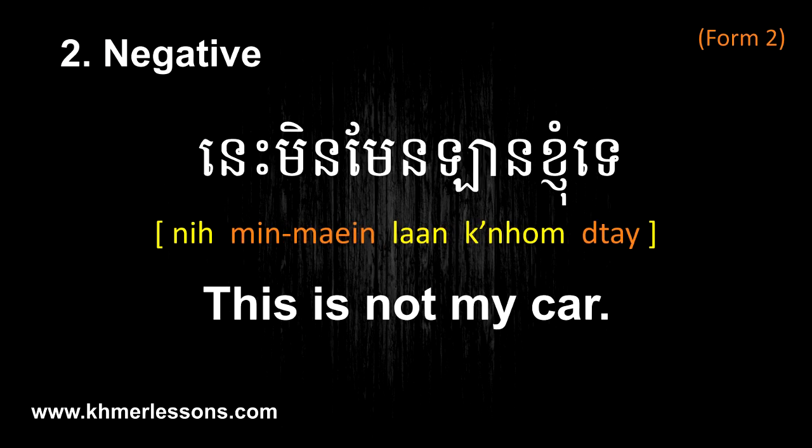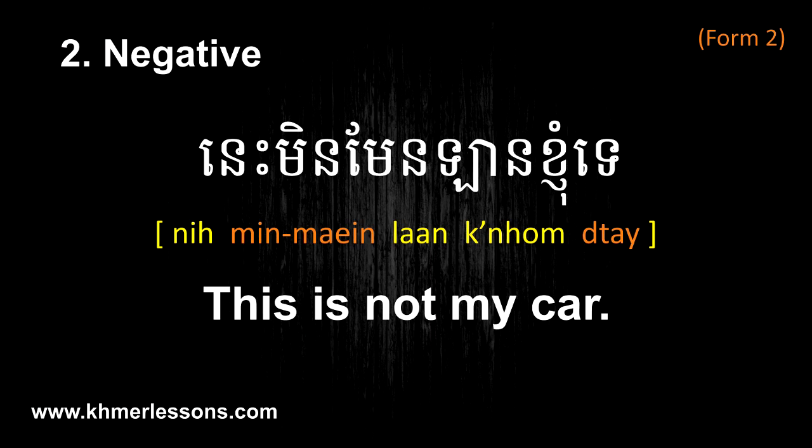This is not my car. So my car is a noun: my is an adjective and car is a noun, so together it is a noun. This sentence in Khmer is នេះមិនមែនឡានខ្ញុំទេ.